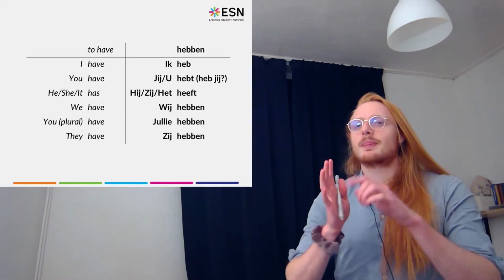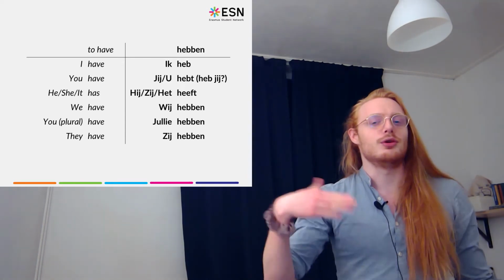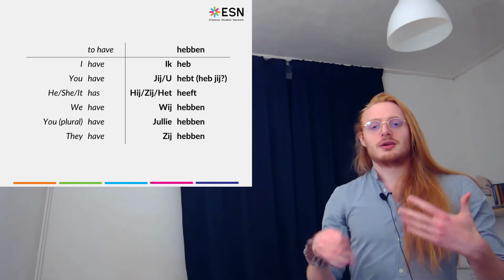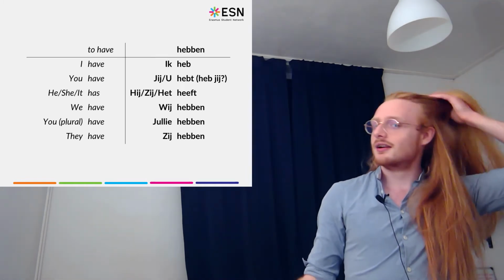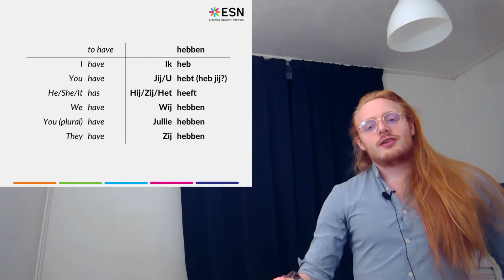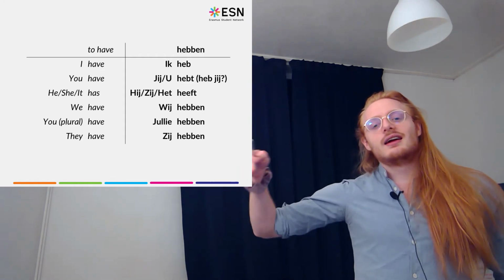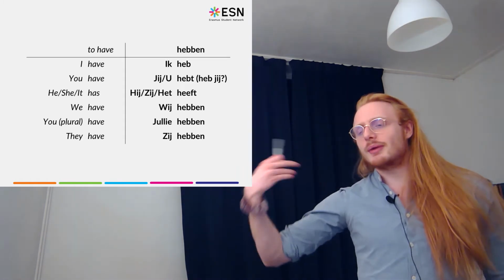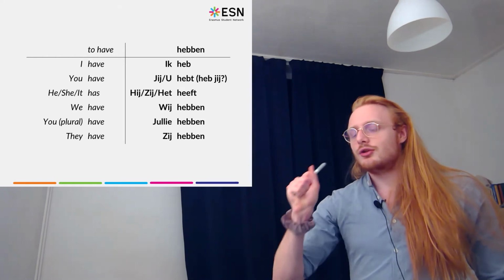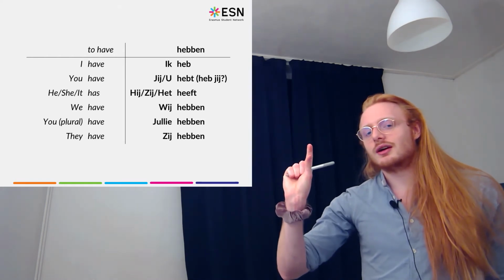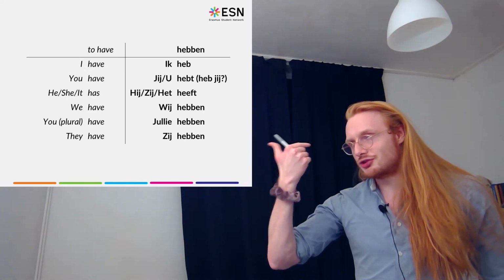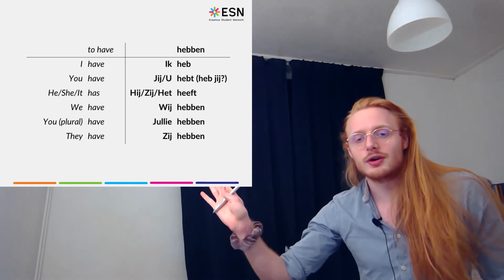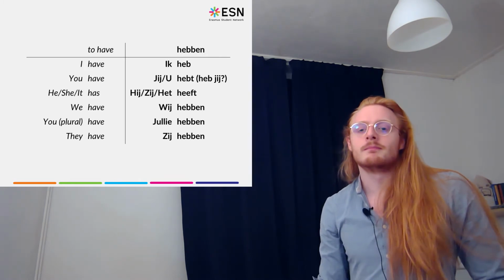In general, if you don't know them, use u. Most teachers, me definitely, don't mind if you say u, jij. Also, what you need to know is that here you see jij hebt or heb jij. If you make a question in Dutch, you need to switch around the verb and the subject. We'll get to that in lesson 4, which is the first lesson you will probably see.